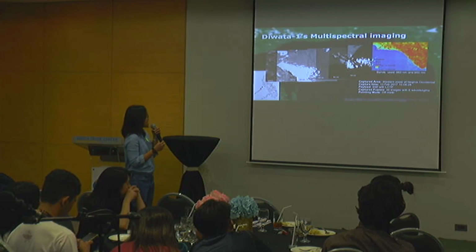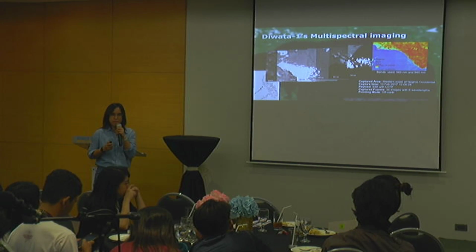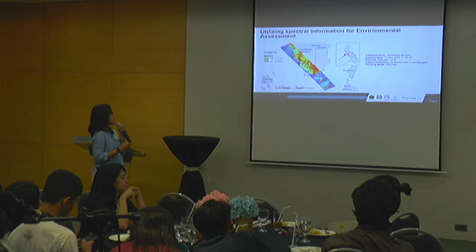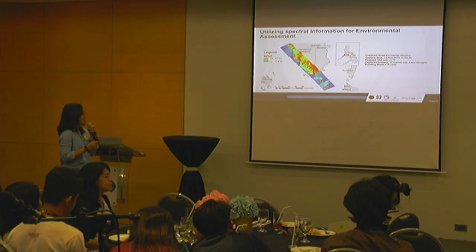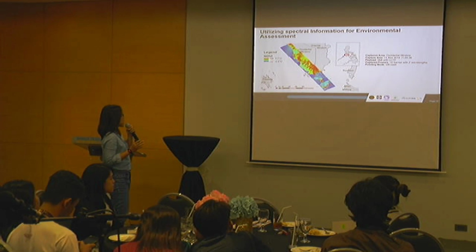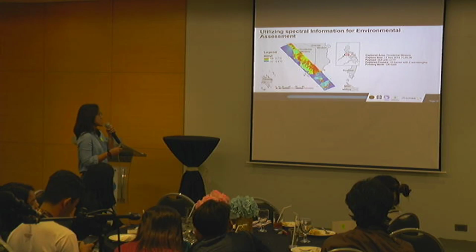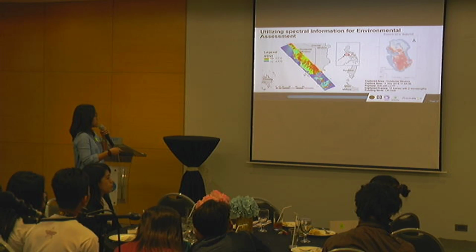We were able to take 30 images with 6 wavelengths using off-nadir pointing. This is a sample image of Diwata 1 where we calculated the NDVI when it passed by Occidental Mindoro. And we're zooming in at this area here.